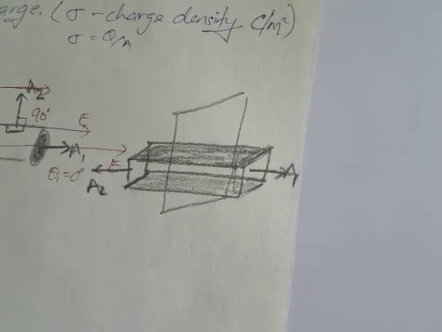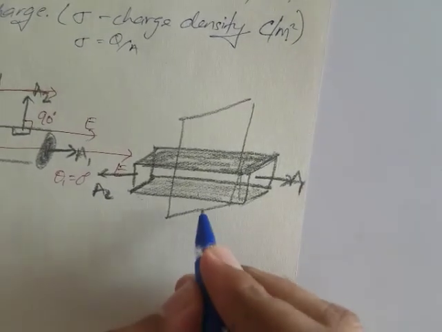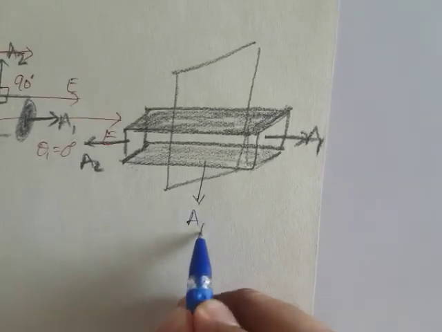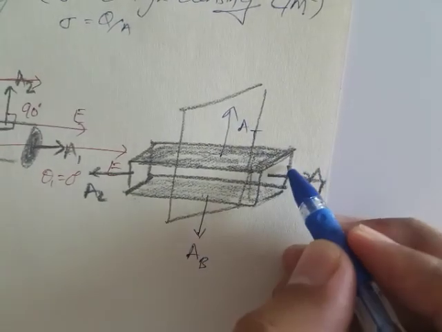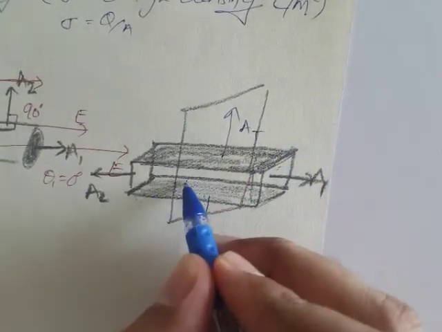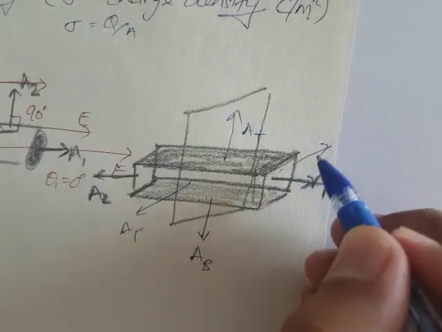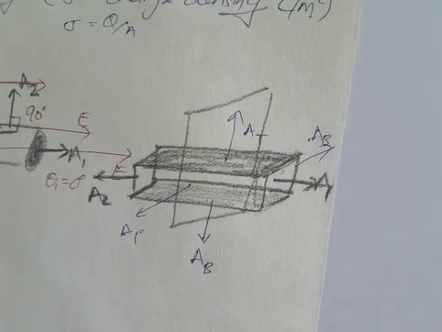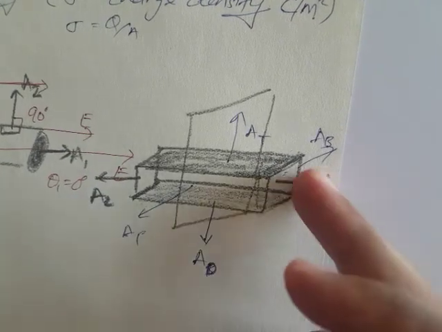This is the area at the bottom, that is the area at the top. The area on the backside and the area in front can also be seen. Instead of bottom, we call it the down area, and the backside.